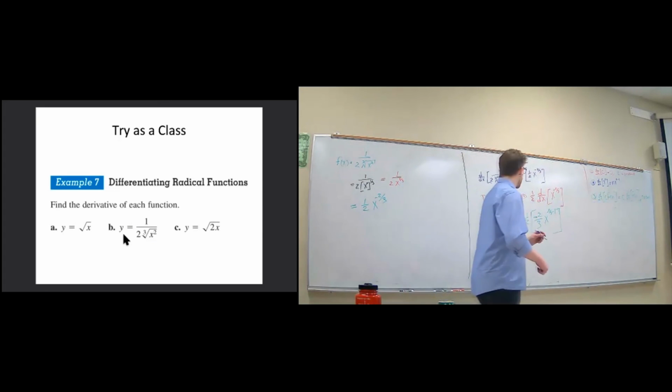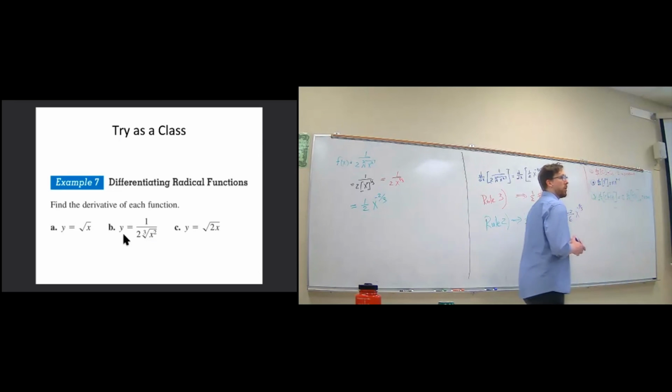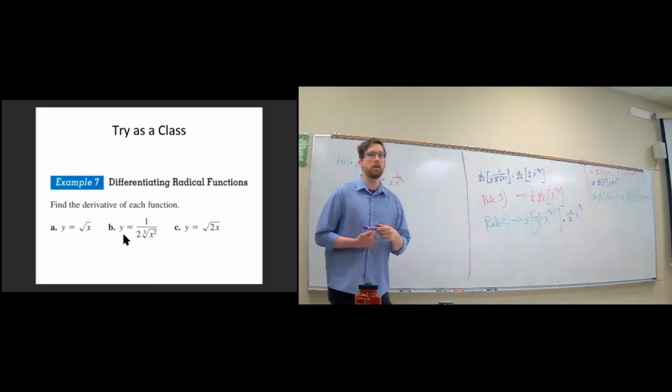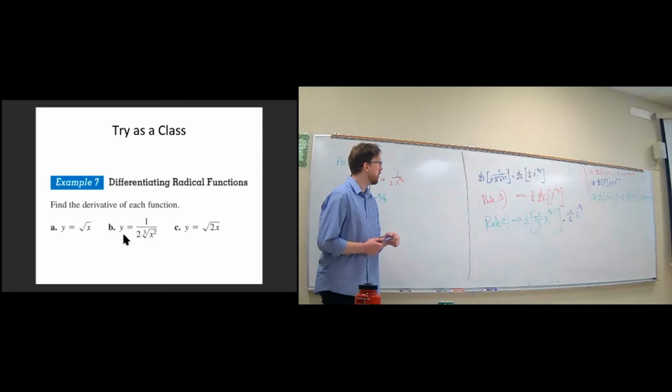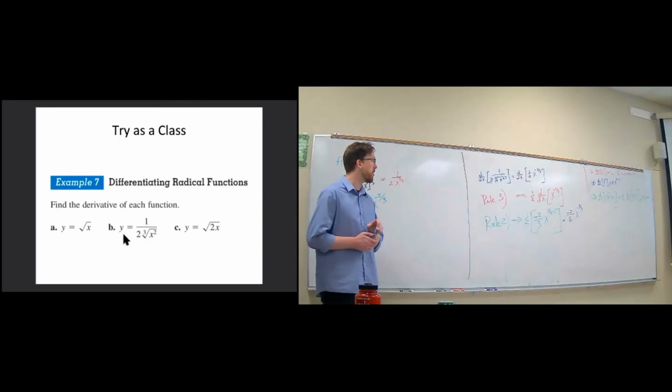This is going to come out to be negative. We're going to go ahead and deal with these constants really quick. 2/6 times x to the -5/3, right? And that's it.